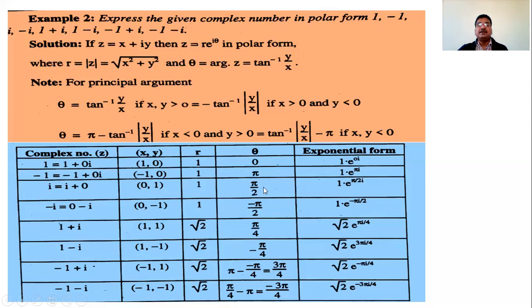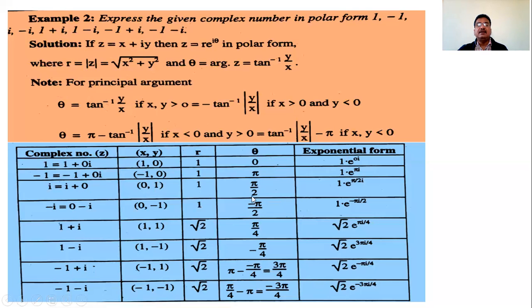And its principal argument? Both x and y are non-negative, so use this formula, tan inverse of y by x. Y is 1 and x is 0, so tan inverse 1 by 0, which is tan inverse infinity.